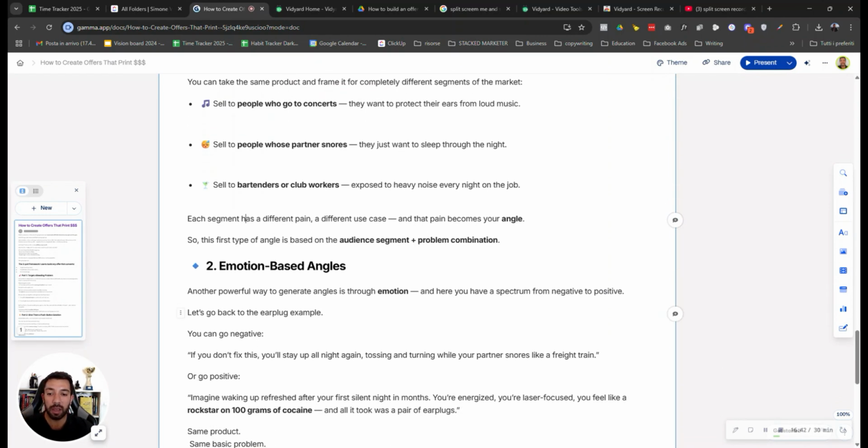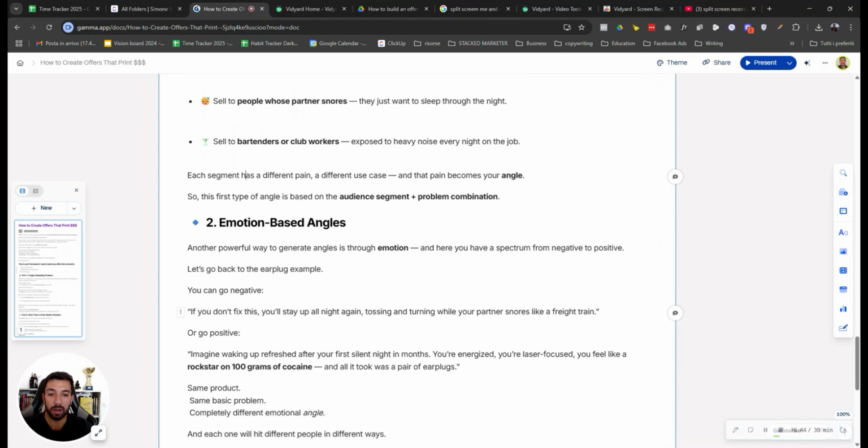The other way is emotion based angles, and this also involves the state of awareness, okay? Because when you target different emotions, each emotion has a negative and a positive side, so the spectrum goes from negative to positive.